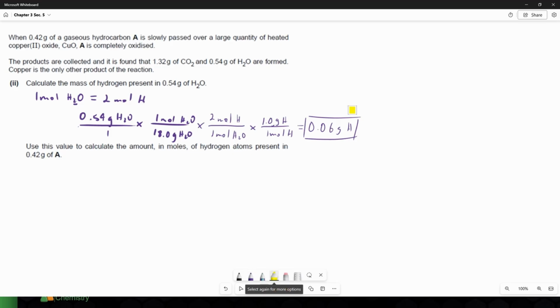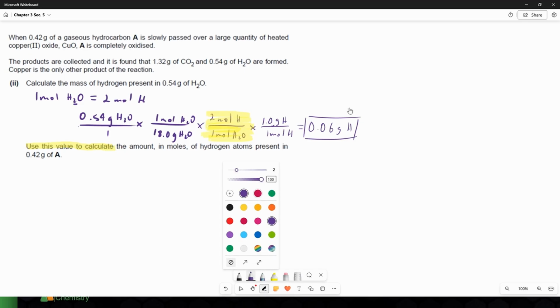The problem with doing that is that this question says, use this value to calculate. So they want us to start from that 0.06 grams of hydrogen. So we can't just ignore that. We do need to start from there.